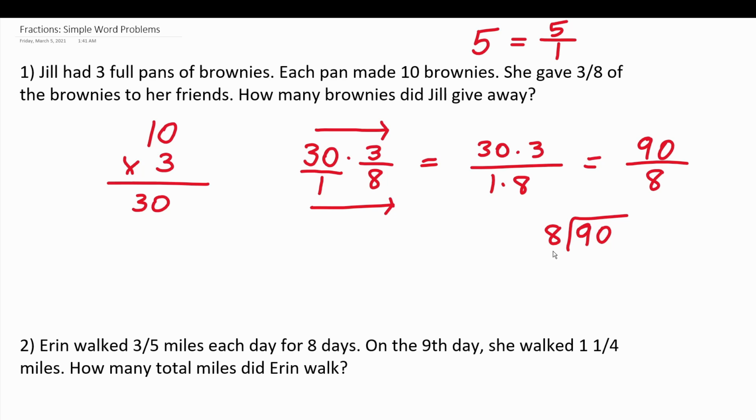We're going to start by asking ourselves, how many times does 8 go into 9 without going over? That's going to be 1 time, given that 8 times 1 is 8. 9 minus 8 is 1. We're going to drop down this 0. And the question becomes, how many times does 8 go into 10 without going over?